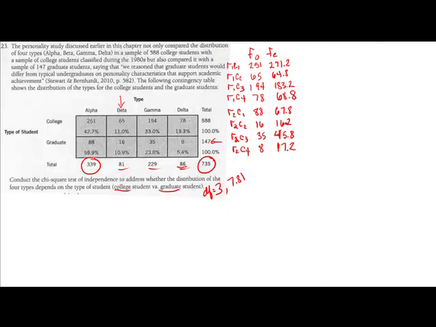Okay, there we go. It takes a little bit of time, but you can do it. So now that I have my frequency observed, my frequency expected, I have to take the difference. Then I have to square it. Then I have to divide by frequency expected.